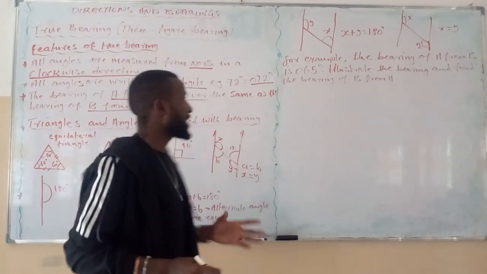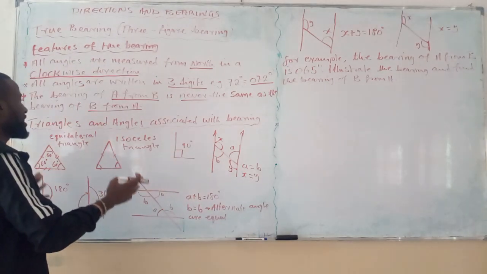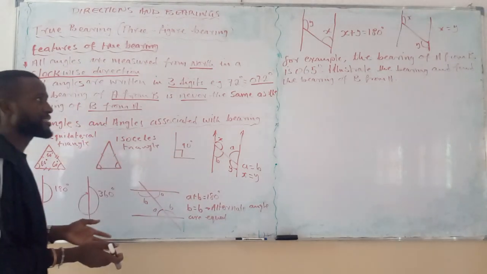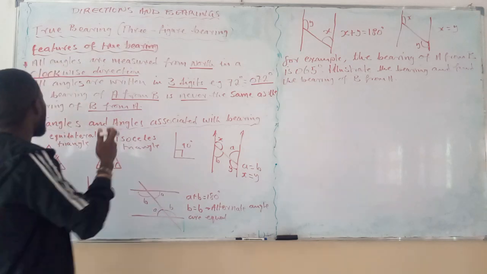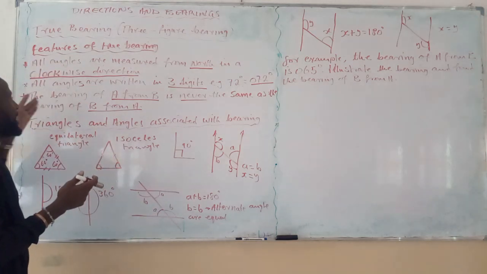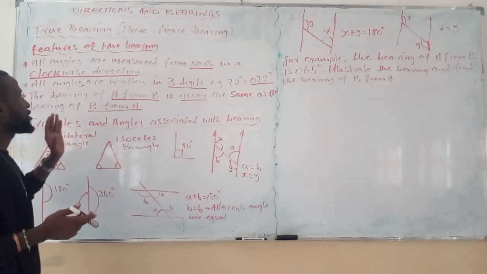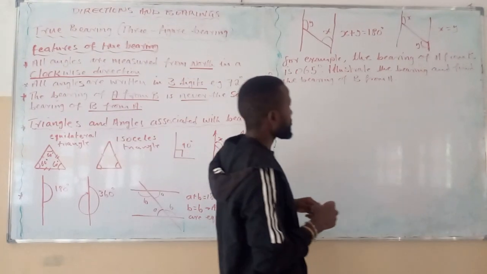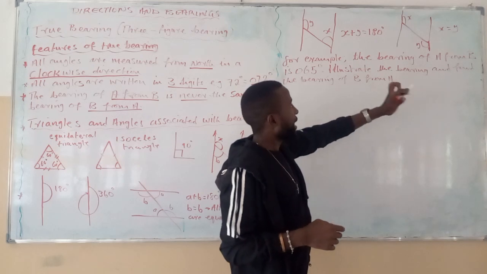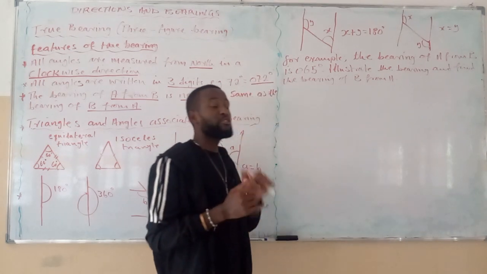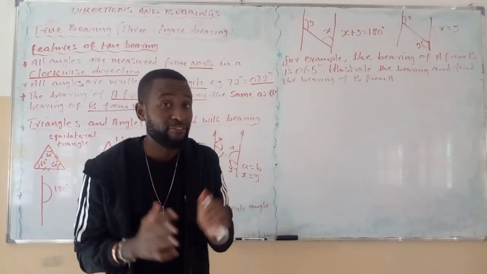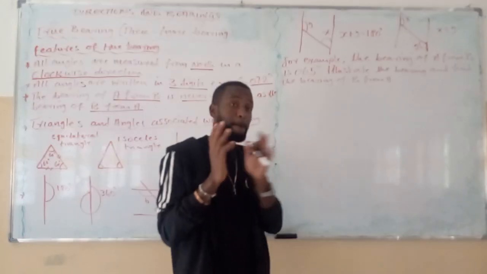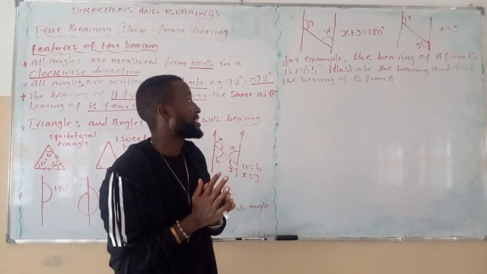Now, having looked at these basic angles and triangles that associate with bearings, let's see if we can answer this question: to prove that the bearing of A from B is not equal to the bearing of B from A. For example, the bearing of A from B is 65 degrees. They have told us the bearing of A from B, 65 degrees.